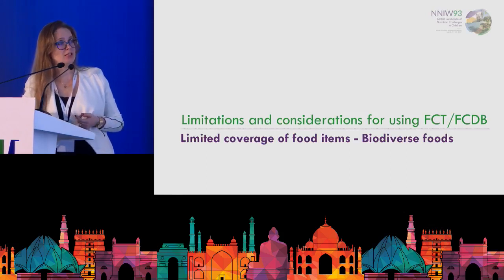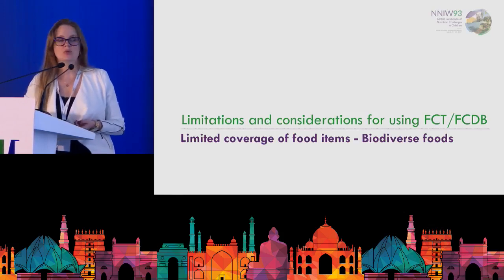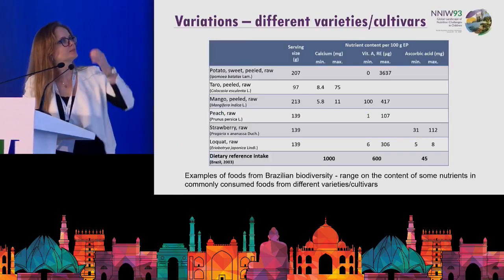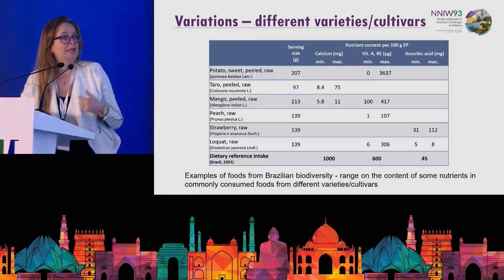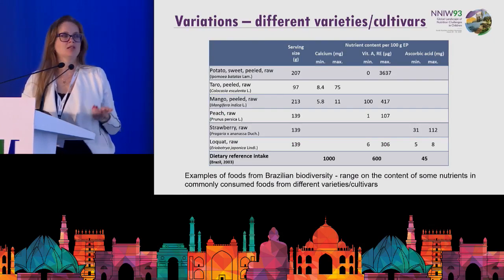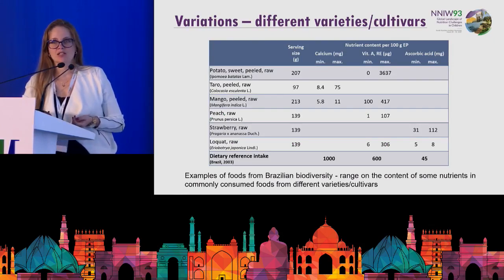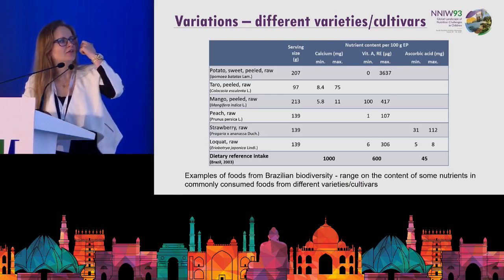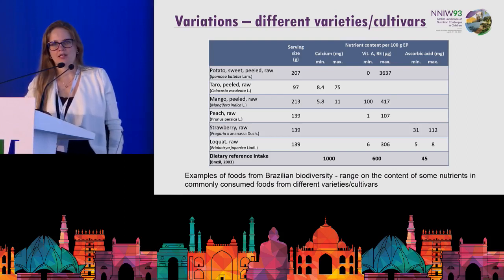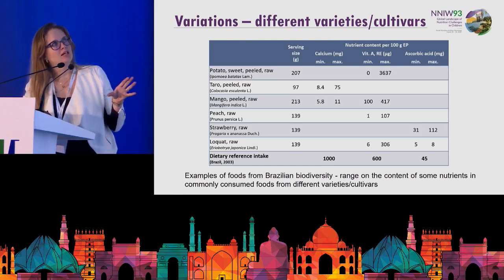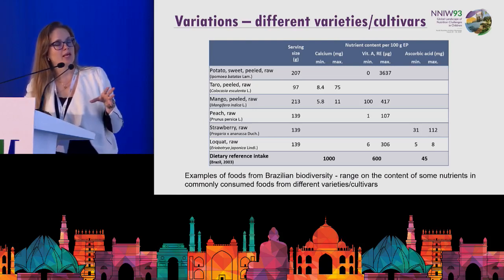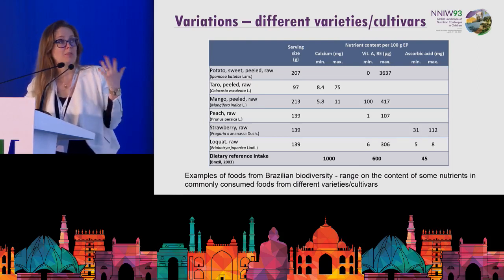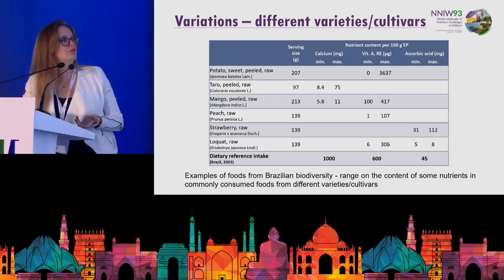Another limitation that is related to the limited coverage of food items is related to biodiverse foods. Here I'm bringing again examples from Brazil. We have compiled data in the past few years for many different varieties and cultivars of the same food. Here I have some foods that are commonly consumed in the country, and I put in this table the minimum amount that I found for calcium, vitamin A, and ascorbic acid, and also the maximum amount depending only on the variety or cultivar.